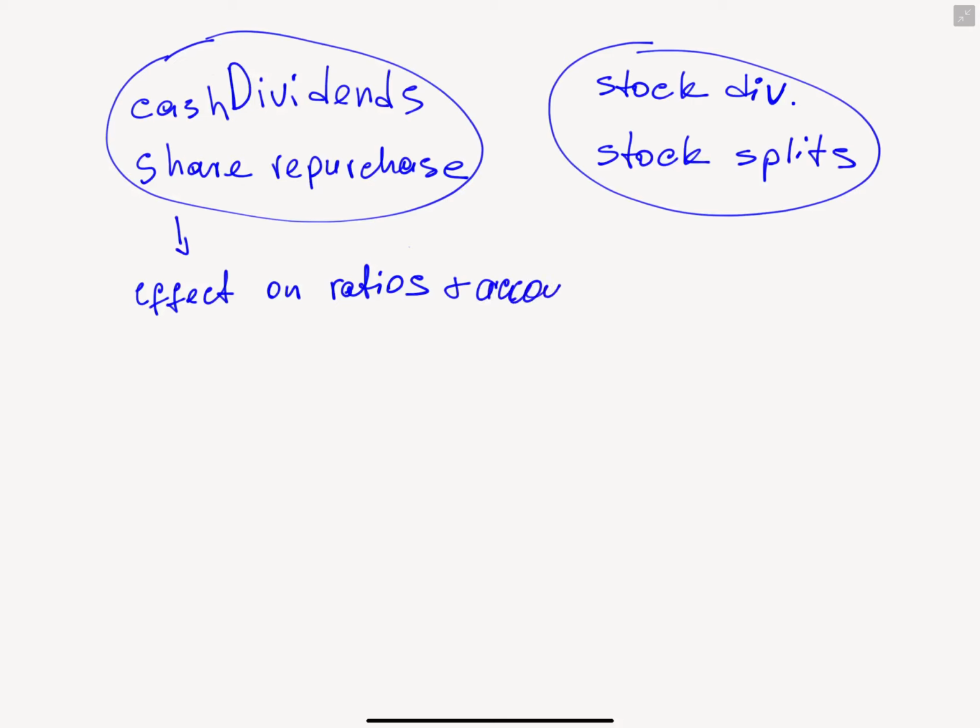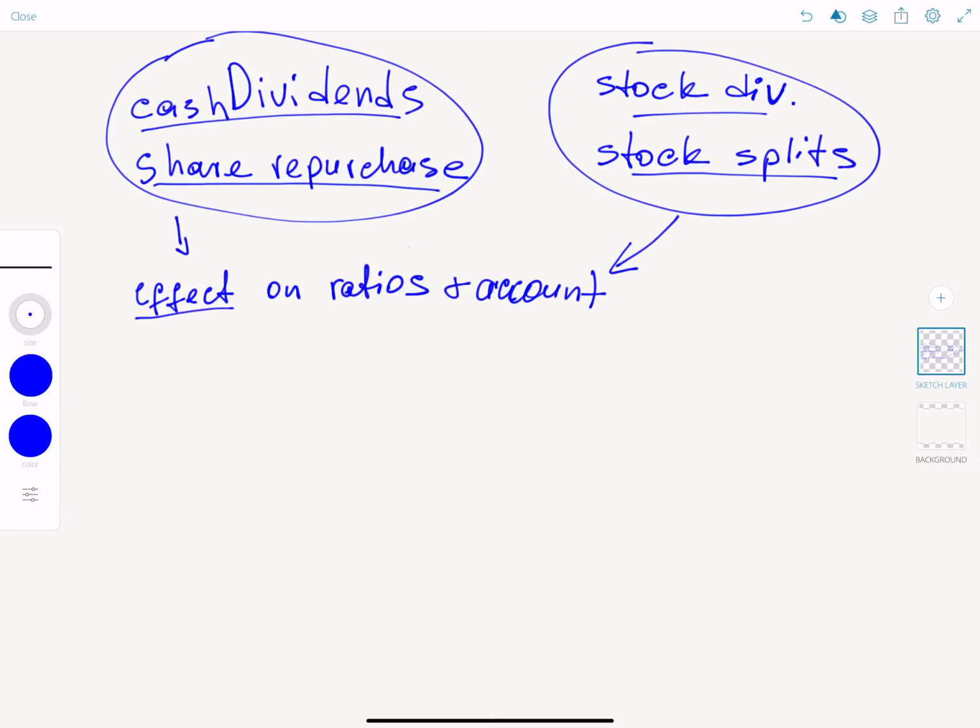Also, how stock dividends and stock splits affect companies' well-being, and what happens to the company's well-being after a share repurchase or cash dividends. Okay, that's a quick introduction.